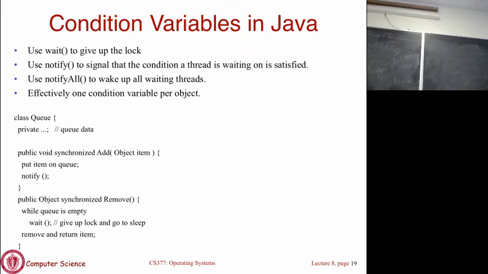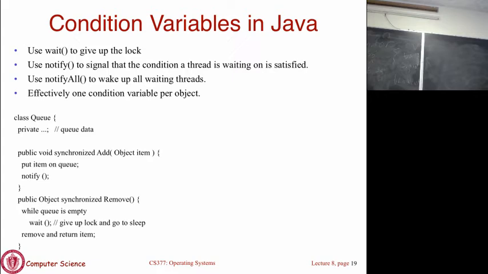The condition is basically that the queue is empty, even though we haven't explicitly said what the condition variable is. In Java, wait and notify here, we haven't said what object we're calling them on. This is the same as saying this.notify and this.wait. It's calling it on the current object.